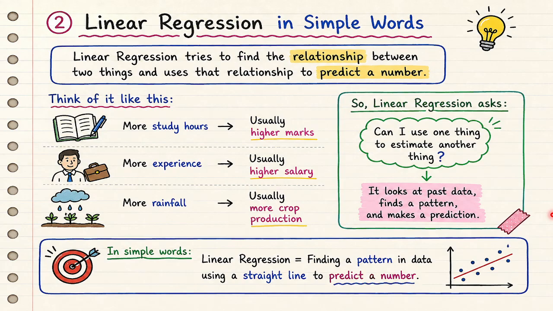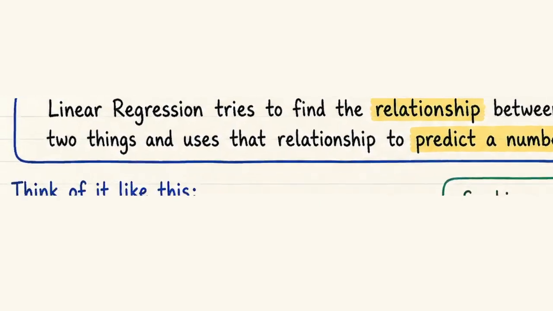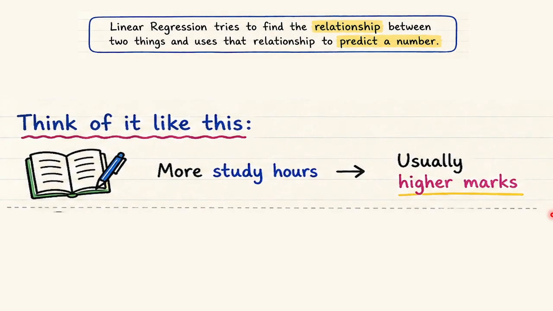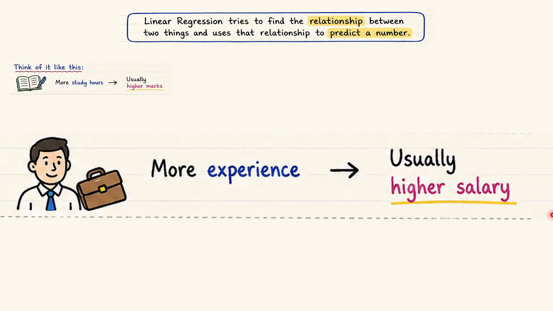For example, more study hours means more marks, right? So how did we understand that if a student studies for 8 hours they may get around 80%? And if a student studies for fewer hours, the marks may generally be lower, because we have identified that pattern, right?